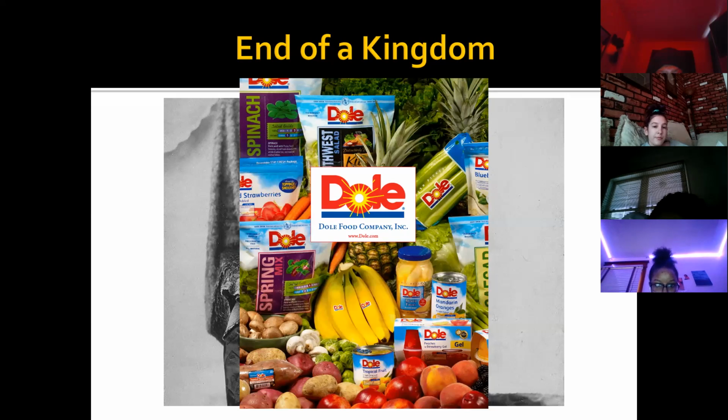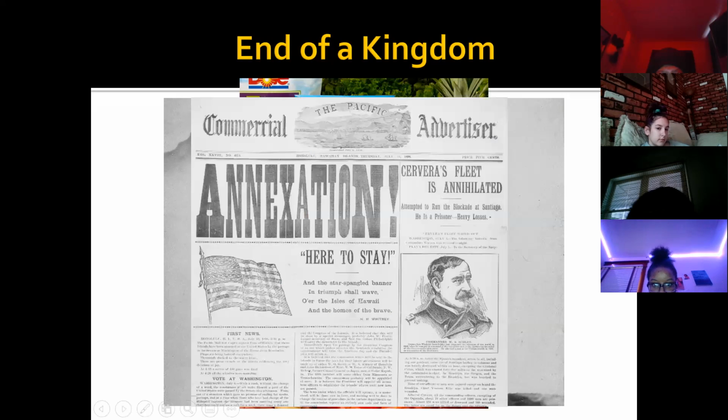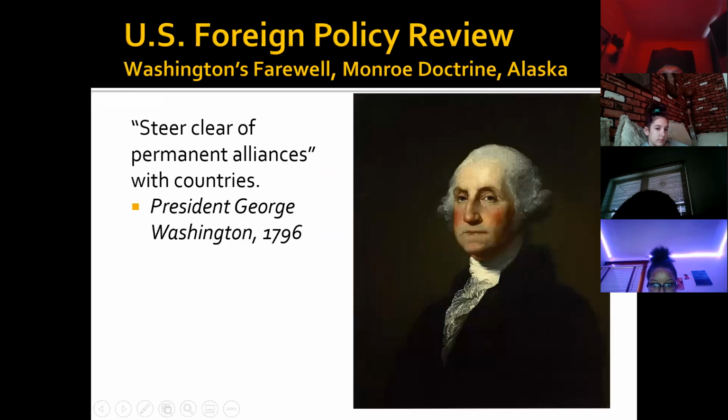Now we're going to take a step back and review what was the do now and some of the important American foreign policies before this. As we hopefully remember from the founding of the country, in George Washington's farewell address, he told Americans to stay out of foreign affairs. And because of Washington's advice, the United States had a policy of isolationism.